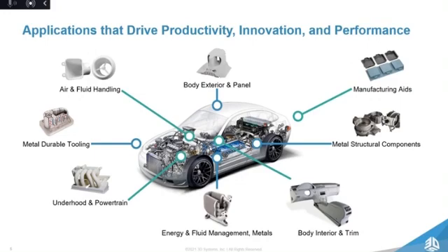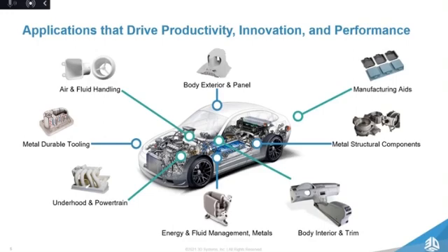This is a slide doing a walk around on a vehicle, highlighting how we've subdivided these application areas. These include common areas that I'm used to working in, like body interior and trim, body exterior panel, powertrain, under hood, also indirect applications for things like manufacturing aids and metal durable tooling. So this gives an overall landscape of the application areas that we're currently considering in consumer auto.